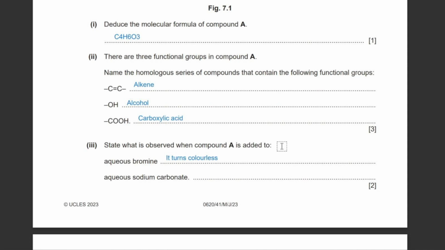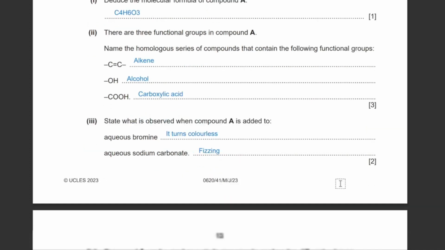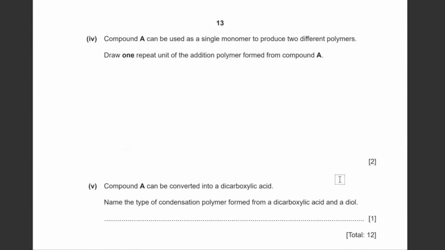As bromine is used up, the brown color due to it disappears. Aqueous sodium carbonate. We just have fizzing or effervescence. That's because Na2CO3 is a base and it reacts with the acid group of compound A which forms CO2, and it causes effervescence. You may like to call it that way.